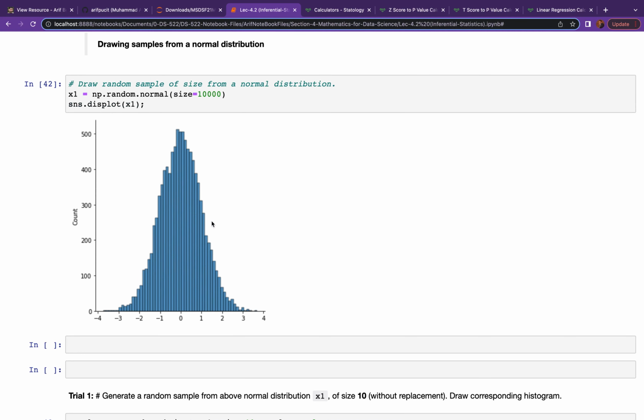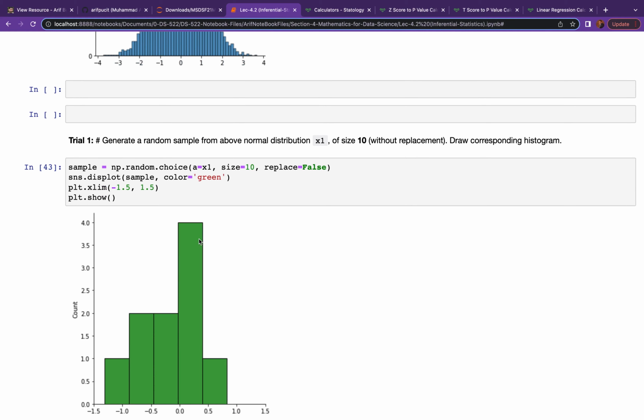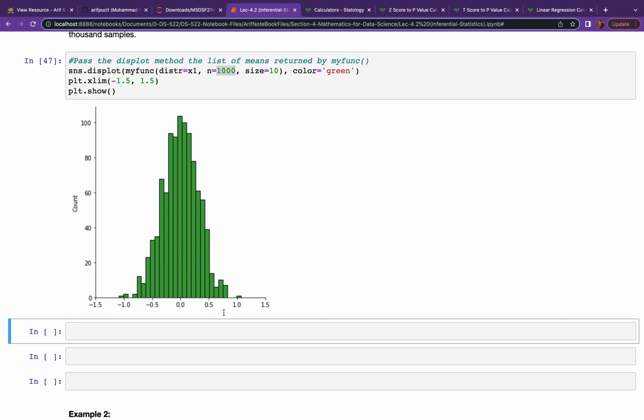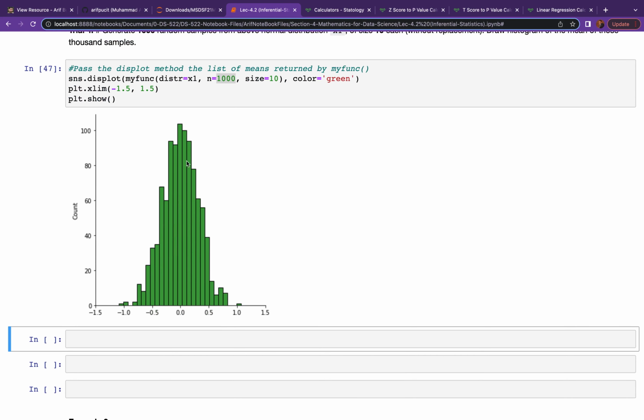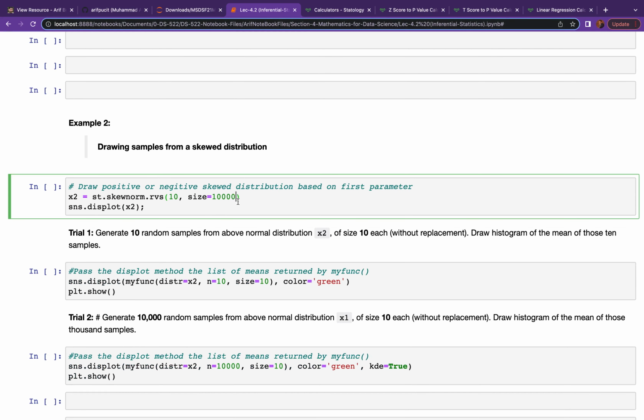So this was the population, a normally distributed population. If I get a sample of, let's suppose, size 10, it is not normally distributed. And if I increase the sample size to, let's suppose, 1000 over here, it is normally distributed. The beauty of this will be apparent when you see this example.